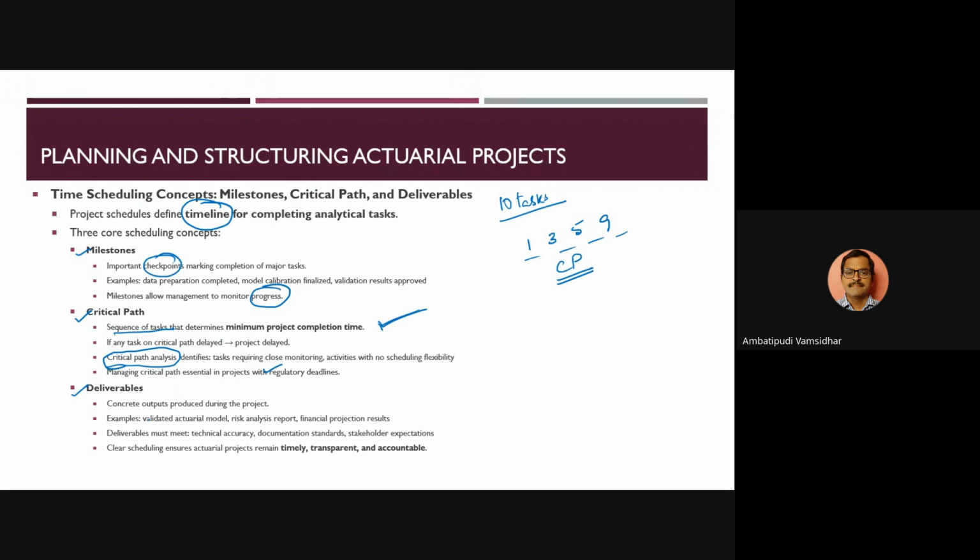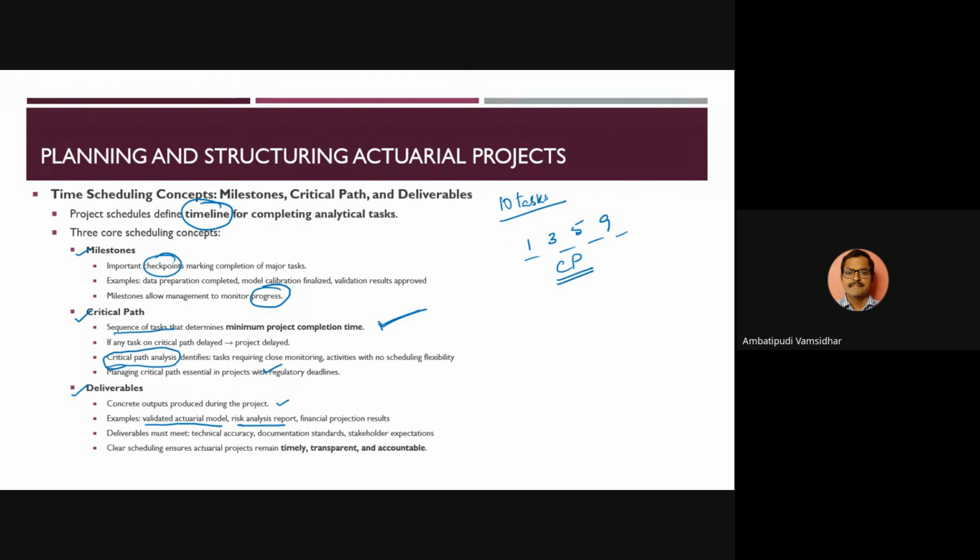And when it comes to the deliverables, concrete outputs produced during the project. So you might want to arrive at a validated actuarial model where you have looked at the risk assessment of the project and you have typically provided the valued and validated actuarial models, risk analysis report, things like that.